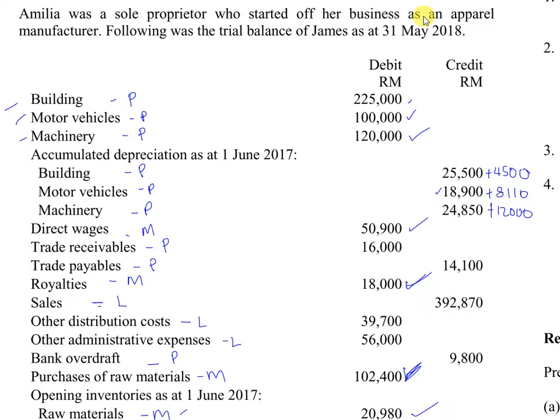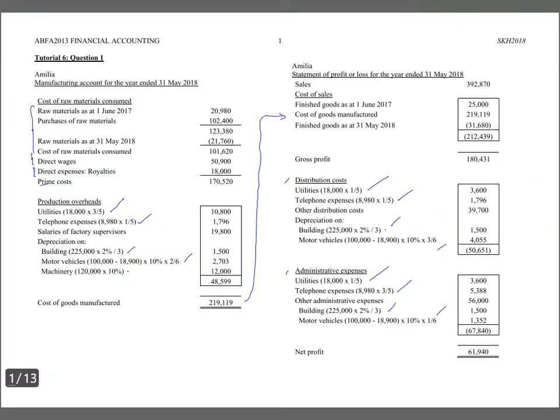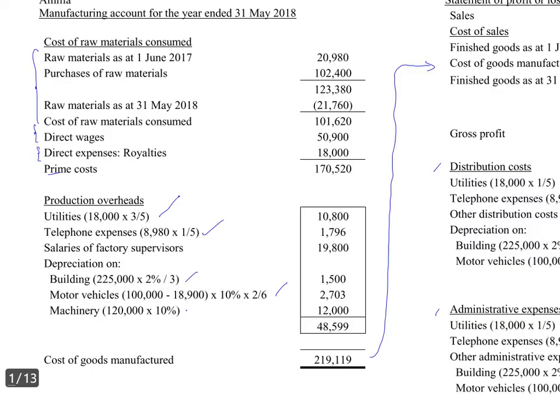Non-current asset. Now, current asset. Start with what? Inventory. How many types of inventory do I have for manufacturing account? Raw material, WIP, finished goods. This question has how many? 2. So, what are my closing inventory? Check from here or from your note 1.